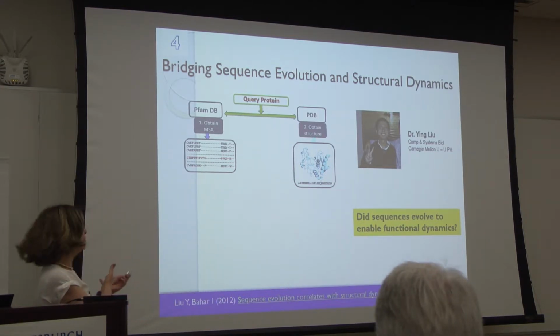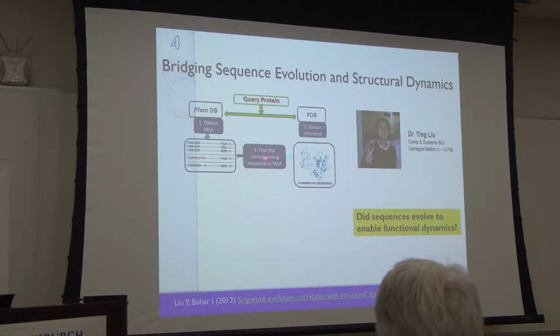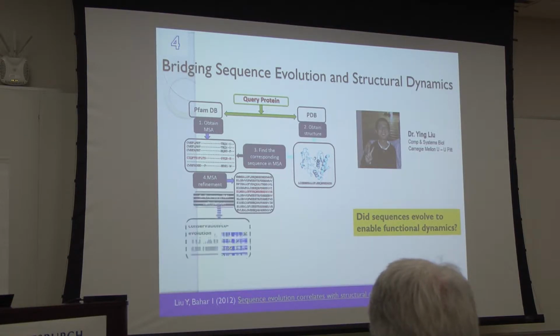So why don't we take advantage of that? So we get from the PFAM the multiple sequence alignment. And then we find the corresponding, we have our own sequence here. And from the PDB, we have the structure for our query sequence. We can refine the MSA, multiple sequence alignment.